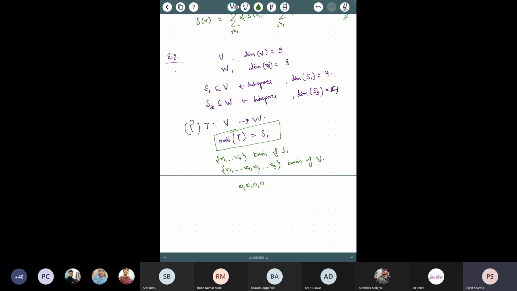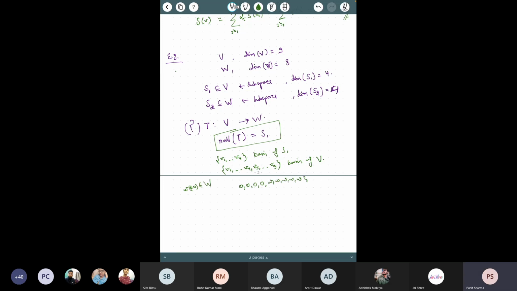And for the other vectors V5 to V9, you send them to any non-zero vector, maybe the same vector or different non-zero vectors. Since W is of dimension 8, there is a non-zero vector. So you take any non-zero vector W in W, and then you choose this W5.